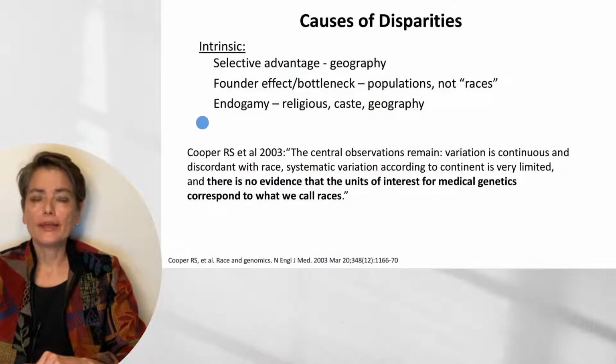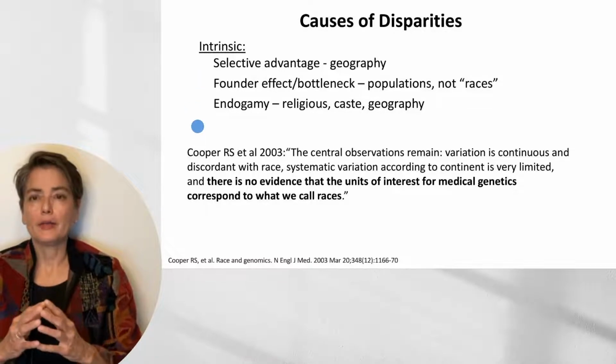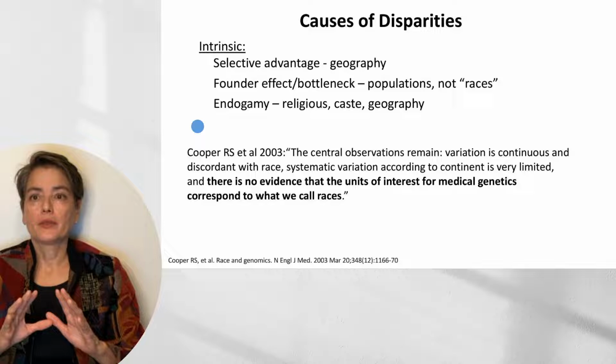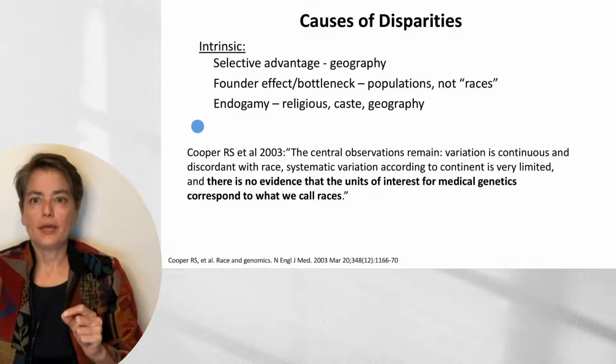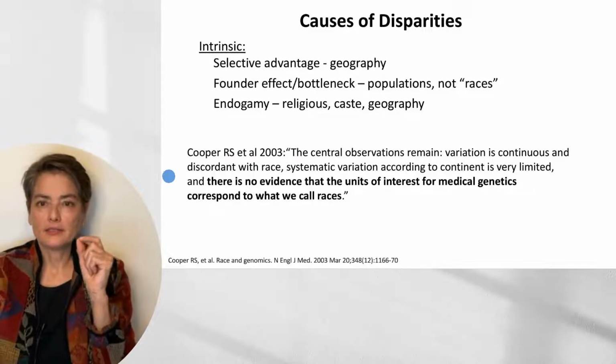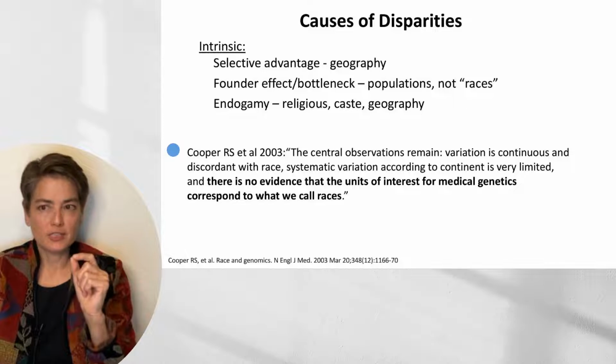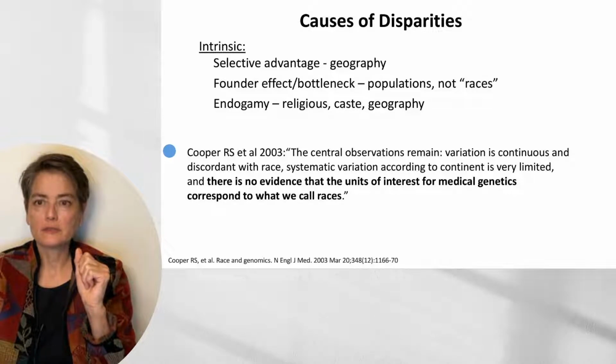So we've just talked about the intrinsic causes of disparities, and I need to point out that a lot of time, money, and energy is just poured into research, trying to find biologic differences based on socially defined race. It's amazing. But you need to pull back from that and recognize, and this is a statement from the New England Journal of Medicine, that, as I talked about before, variation is continuous and discordant with race.